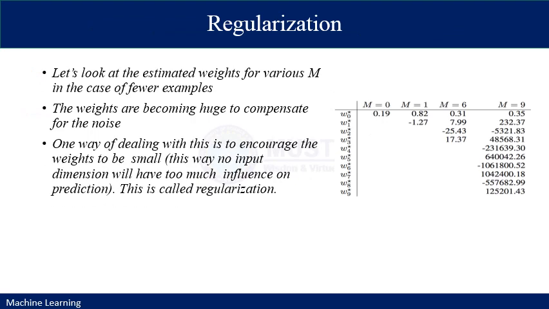So let's look at the estimated weights for a number of different degree polynomials in the case of fewer examples. So we have a case where examples are significantly fewer and the model is significantly complex. So the weights are becoming huge to compensate.